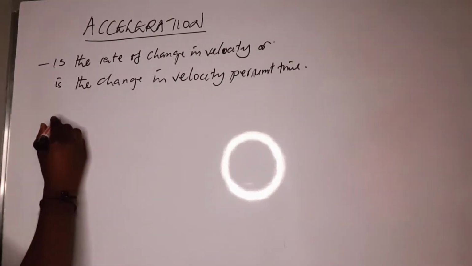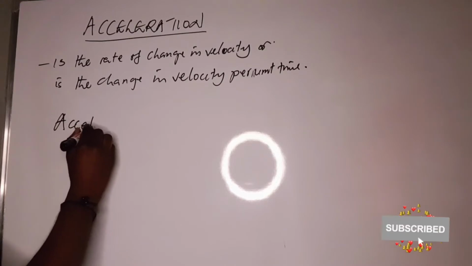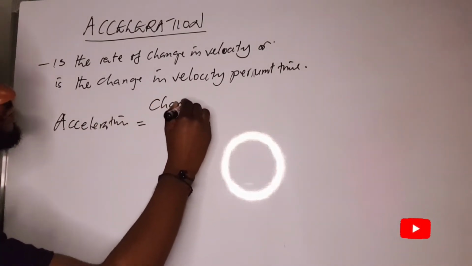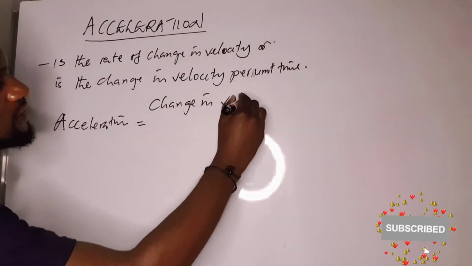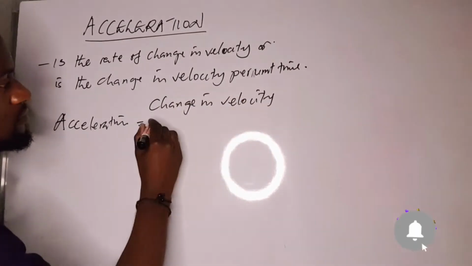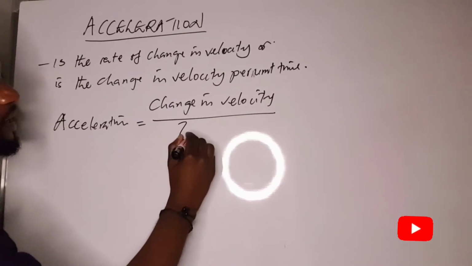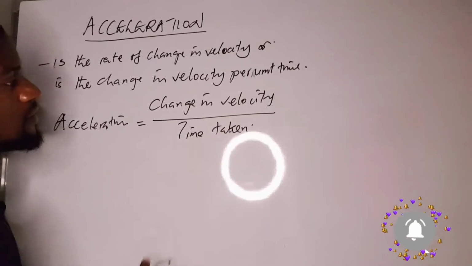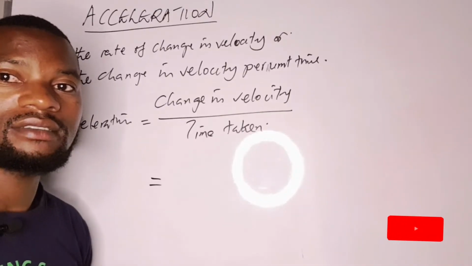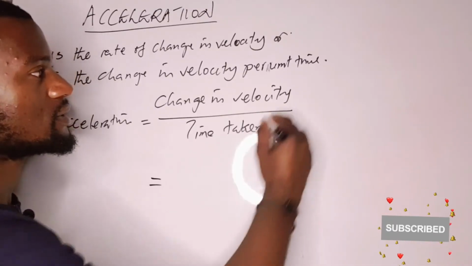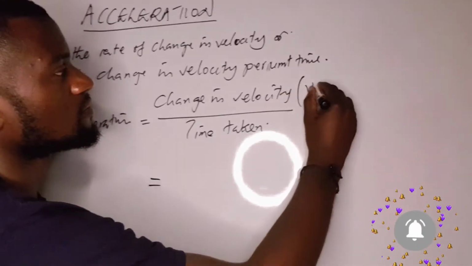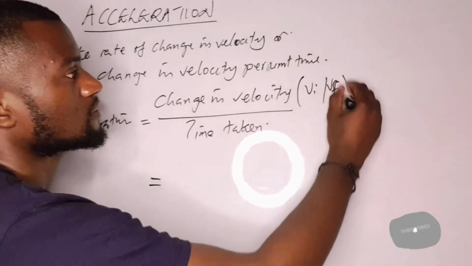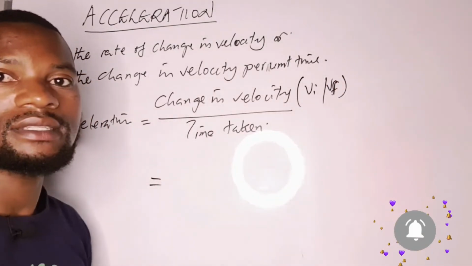So therefore we are saying acceleration is equal to change in velocity divided by the time taken. So this change in velocity simply means that there is the initial velocity and the final velocity.